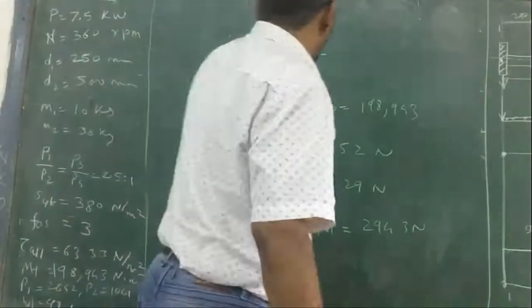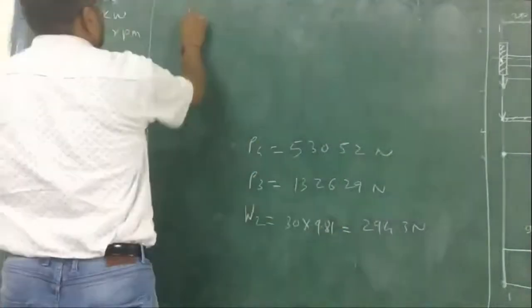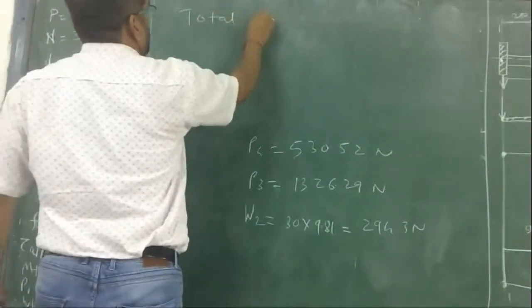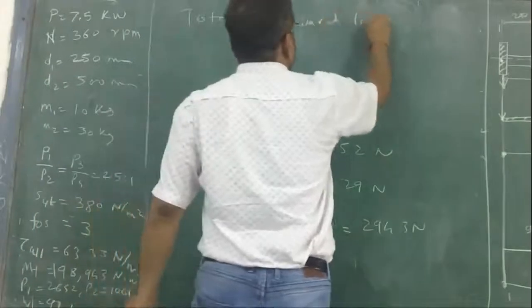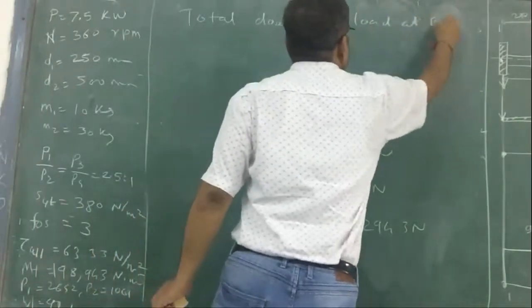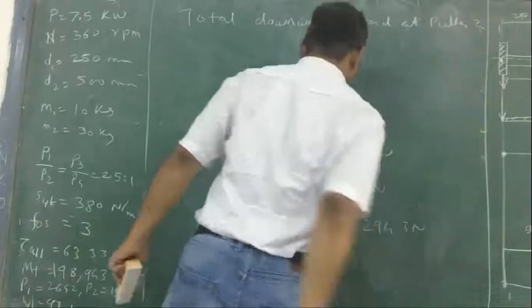So now the total downward load at pulley 2. Now what is the load?